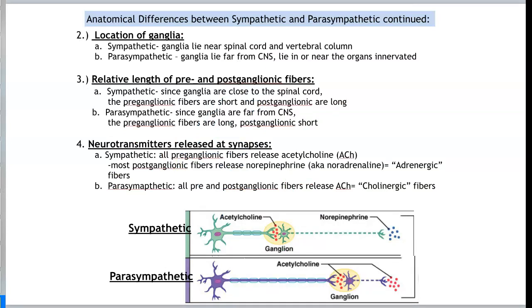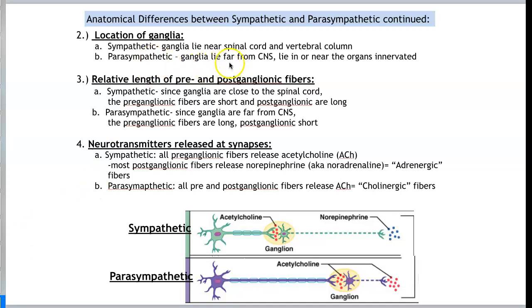So this we kind of went over with parasympathetic. The location of the ganglia: remember we have 2 types of ganglia in the sympathetic. We have our sympathetic chain ganglia that are real close to the spinal cord, and our prevertebral ganglia that are right in front of our vertebrae. They're actually in our abdominal aorta.